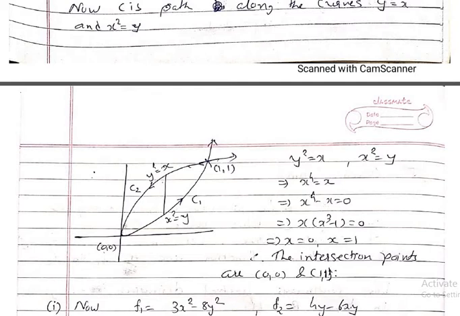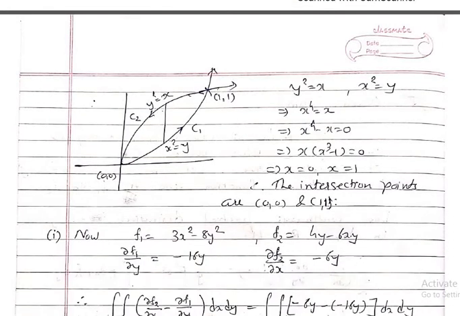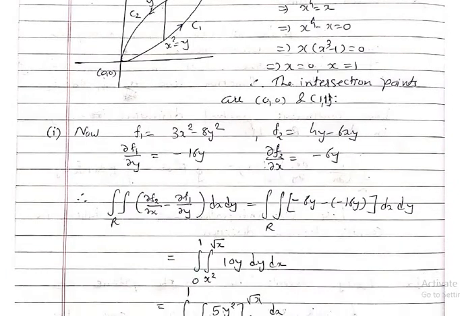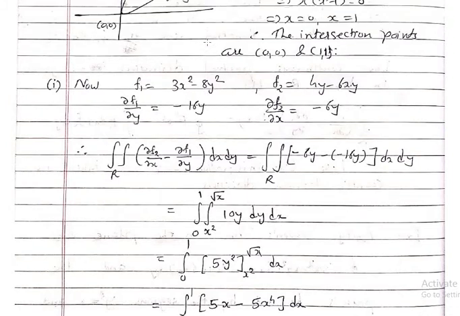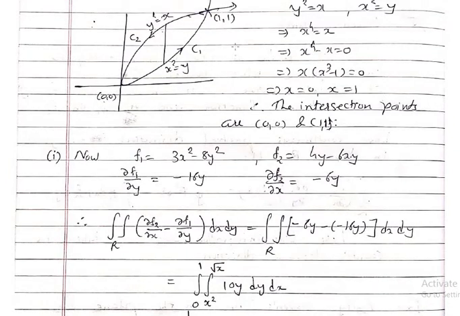Now the first thing, we are going to find the left hand side of Green's theorem. So f1 is equal to 3x square minus 8y square and f2 is equal to 4y minus 6xy. So del f1 by del y is minus 16y and del f2 by del x is minus 6y.